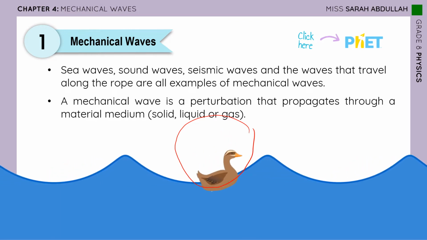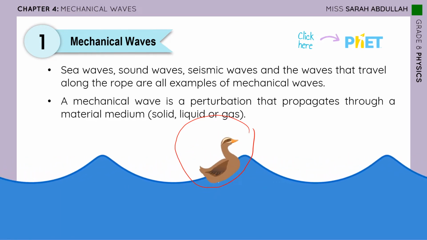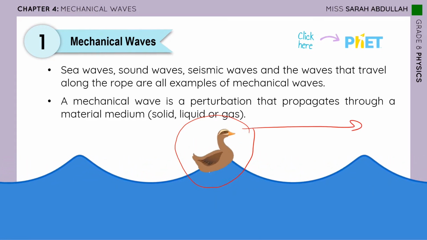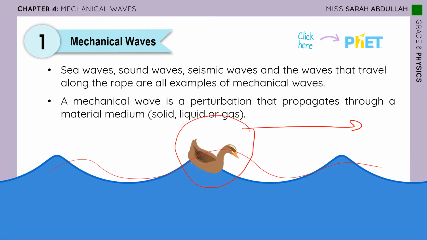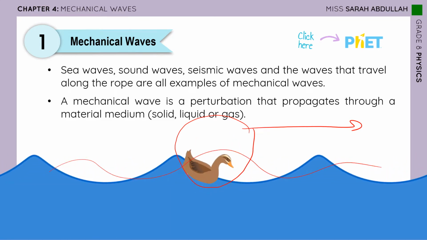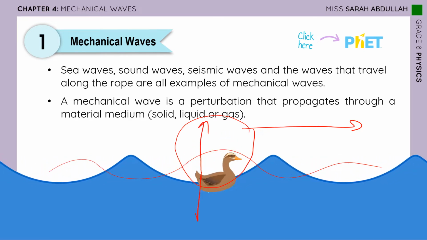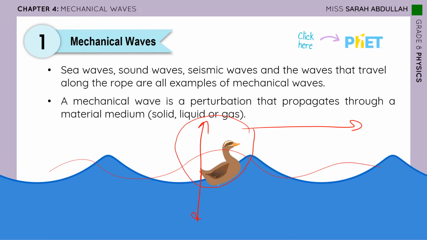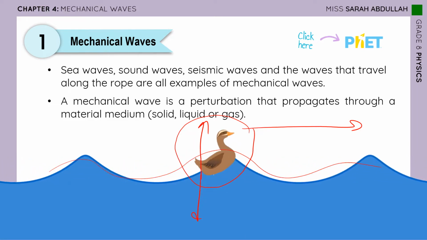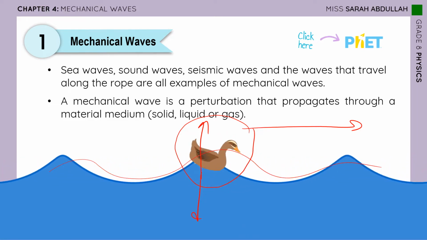Now, one more thing, if you take a look at this duck, what do you notice? The energy that is being transported by this wave is going this way. See? The energy is going this way. But how about the duck? Is it moving with the wave or is it simply going up and down? I'm seeing it going up and down and it's not moving with the wave. Why is that?